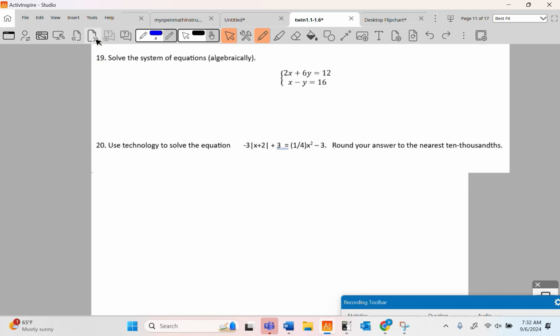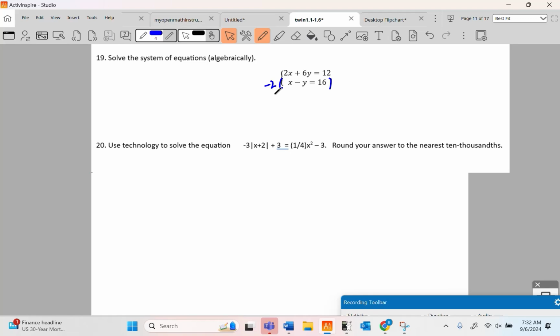Moving on to 20. Solve the system of equations algebraically. Man, I picked an easy one. I'm going to push elimination method. That's just what I'm going to do. I'm going to push elimination because I like elimination. I really do. Elimination is probably my favorite way to solve systems of equations.